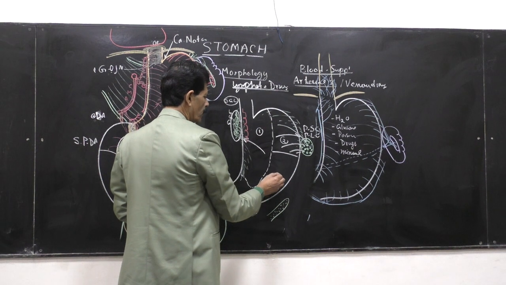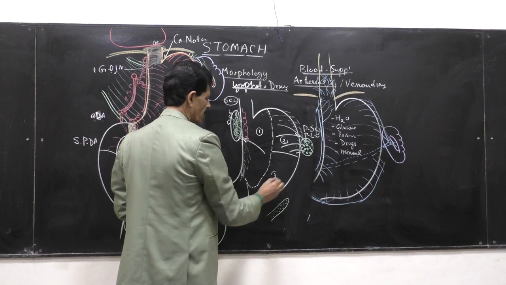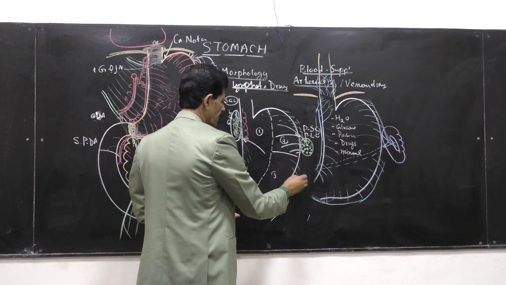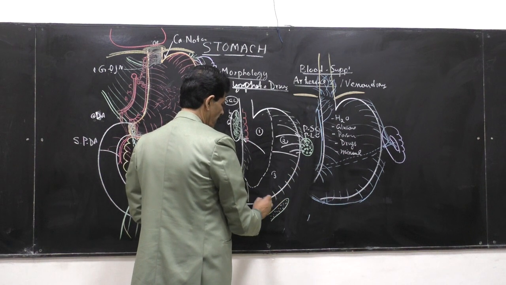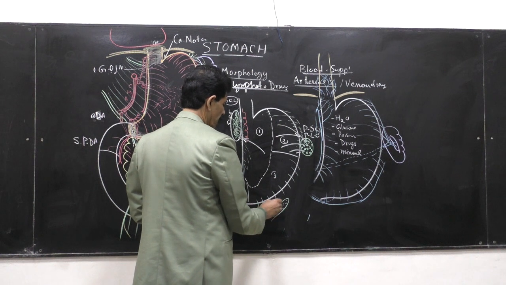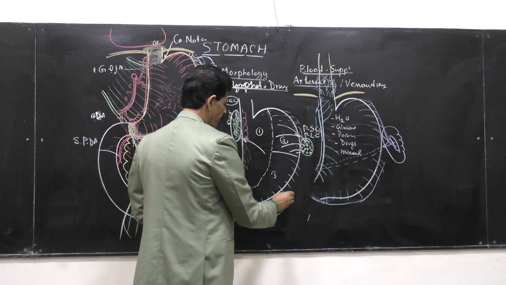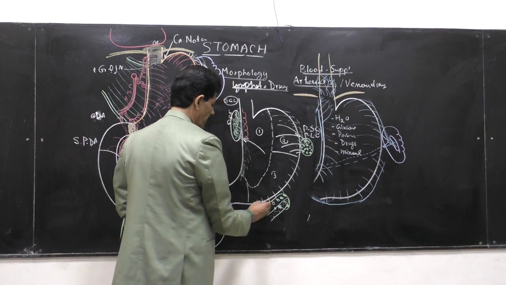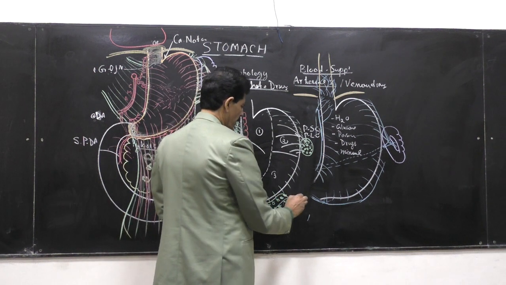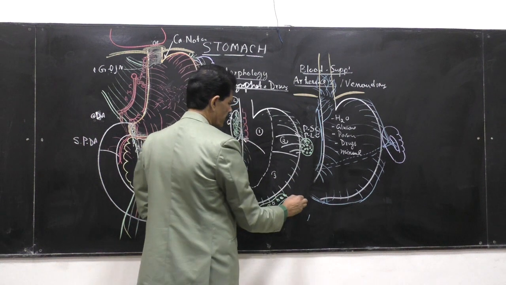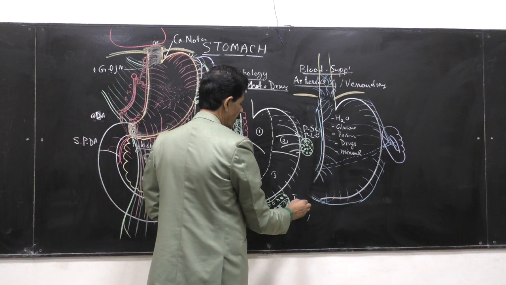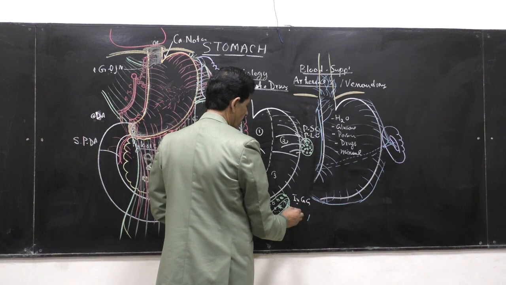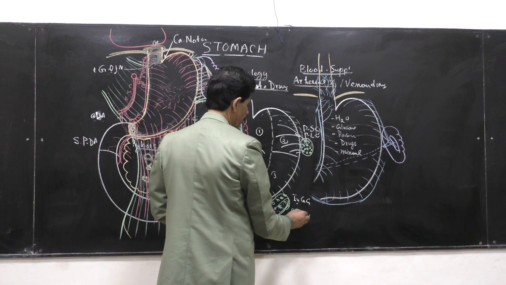The third group of lymph nodes is present along the greater curvature, and these lymphatics usually accompany the vessels and are collected here, and they are called the inferior gastric group of lymph nodes. So this is the superior gastric group, this is the inferior gastric group, or they are sometimes also called the gastroepiploic group.